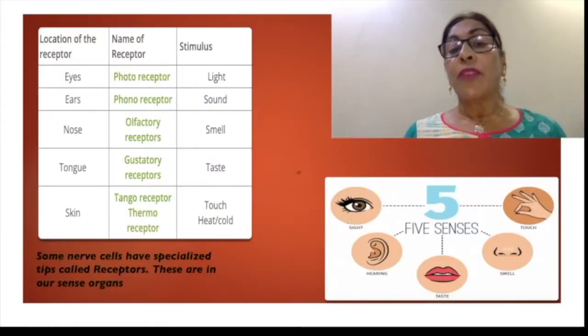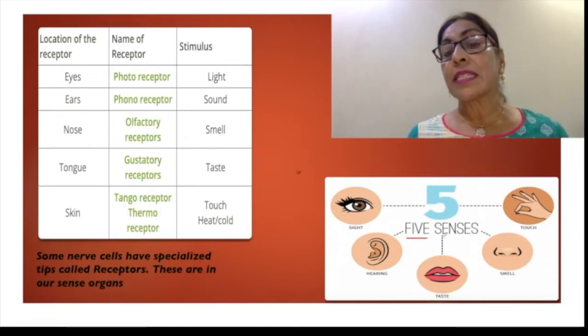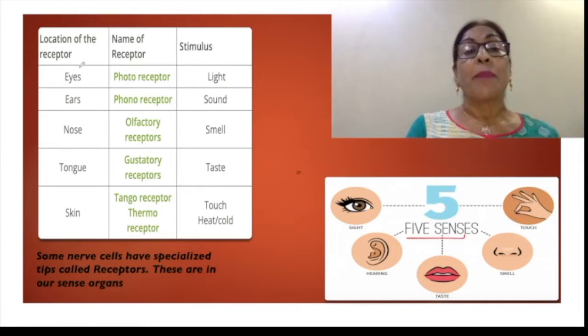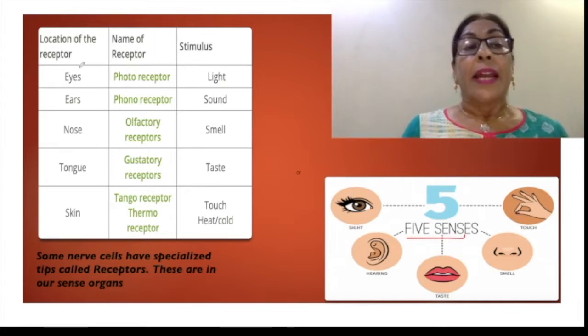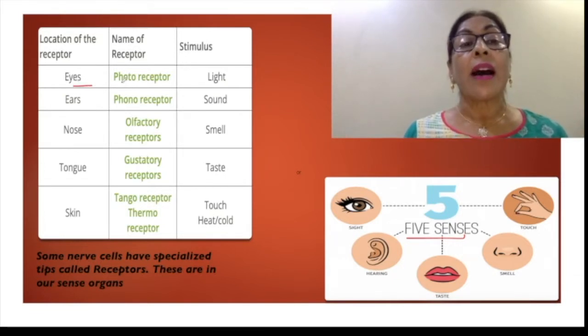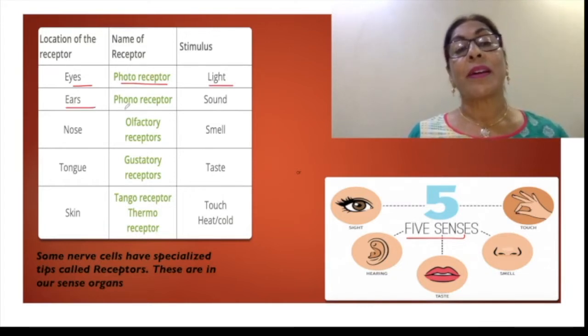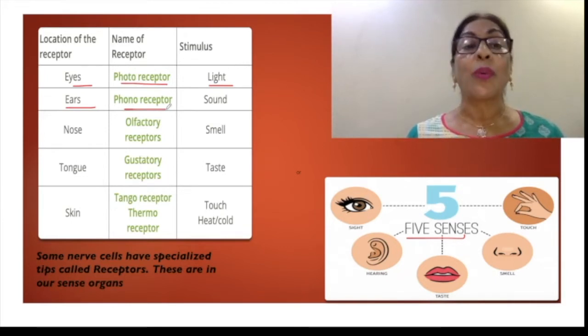As you know, we have 5 senses. What are the 5 senses? These 5 senses have receptors. Like here you can see the eye. Eyes have the photoreceptor. It detects light. Ear, phonoreceptor. It detects sound.